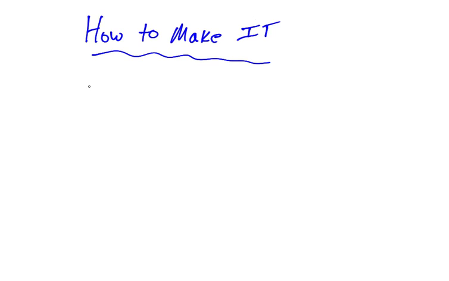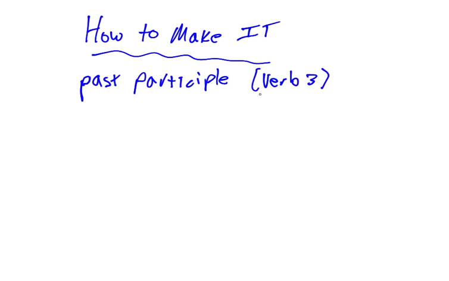Okay, how to make the present perfect simple. So the first thing we need to know is about what is called the past participle. The past participle is sometimes called verb 3. So, for instance, a verb like eat, we have eat and eats.